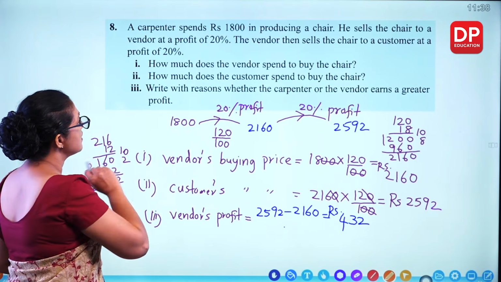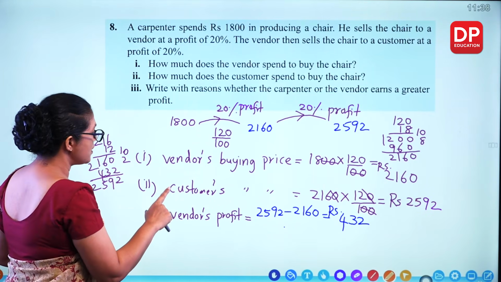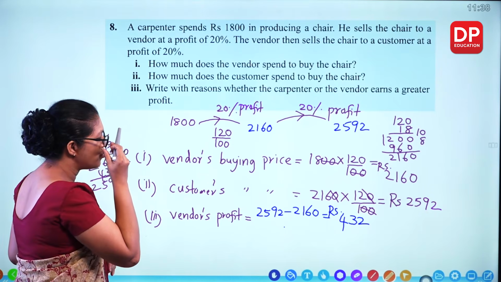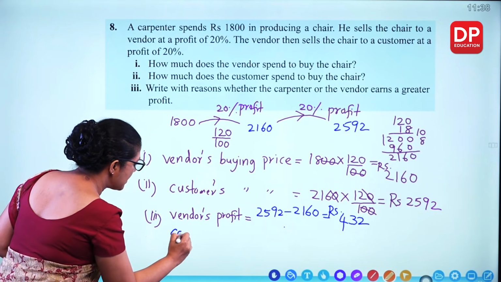Now we'll look at carpenter's profit. So this is vendor's profit, that's 432 rupees. So what's carpenter's?